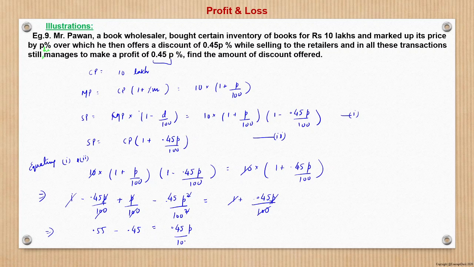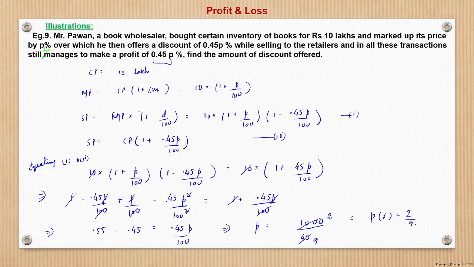When we bring this to the left hand side and take the right hand side, this becomes 0.55 minus 0.45 equals 0.45P upon 100. So from here we can say that P is nothing but 0.1 into 100, which is 10, upon 45, so this becomes 2 by 9.